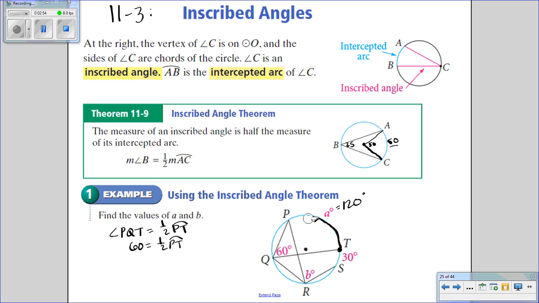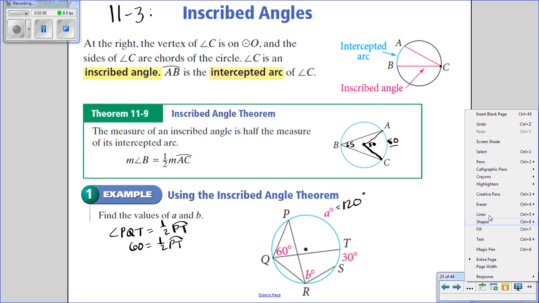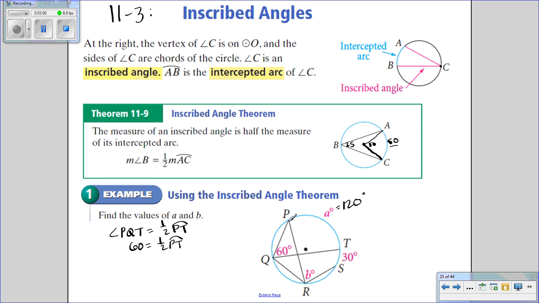And let me get rid of that. Let's talk about this angle right here, angle PRS. Angle PRS is equal to half of its intercepted arc, which would be this arc all the way to here. That's arc PTS.